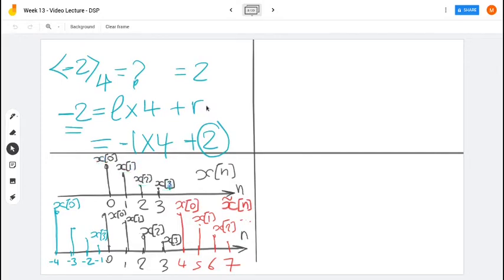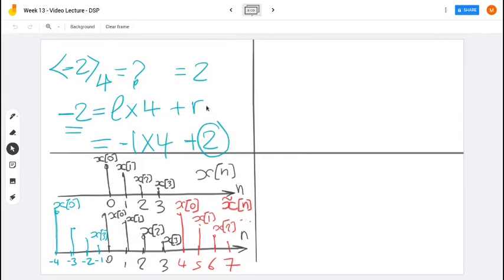The first way of dealing with the periodicity we're talking about is to have x tilde of n, the periodic extension, which is simply repeating the signal from 0 to 3, and then the next cycle from 4 to 7, the next cycle from 8, and so on up to infinity, and same for negative infinity. And as you can see, x tilde of n is equal to x of n modulo N.